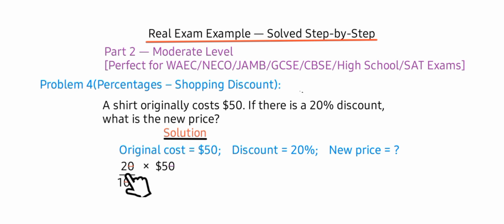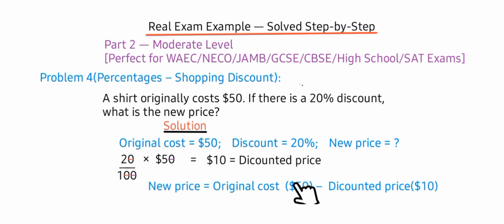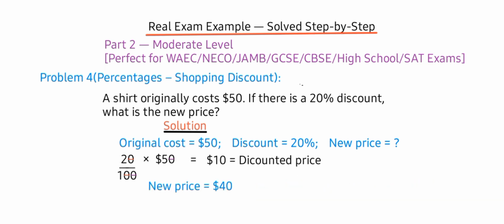At the end of the day, we have 2 over 1, which is 2, multiplied by 5. So the discounted price is $10. Now let's find the new price. The new price will be the original cost, $50, minus the discounted price, $10. So 50 minus 10 is 40. Therefore, the new price is $40.